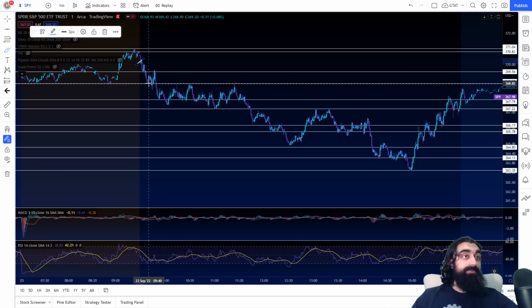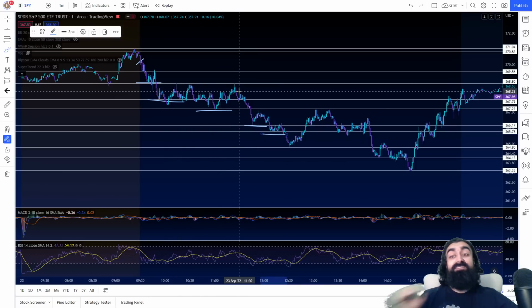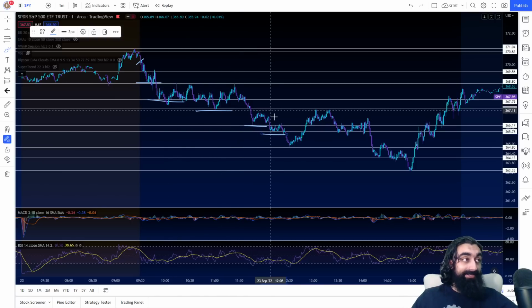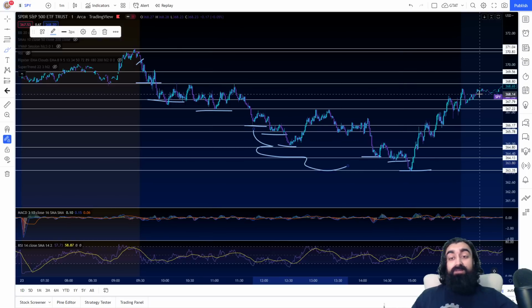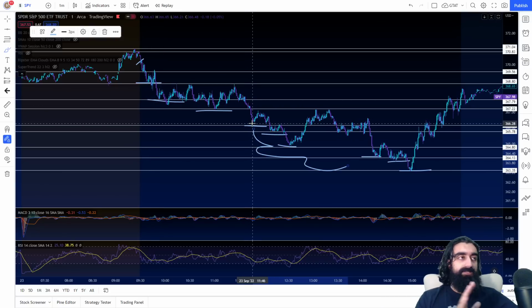What I wanted to do was continue scaling in only as we made new lows. I was not buying into any strength. I was waiting for newer lows, right? And what this does is, the more times you scale in at the bottoms, your average ends up being green. And as it ripped to the upside, if you've positioned yourself properly, these gains are big. For example, on Friday I got into the 365 calls.